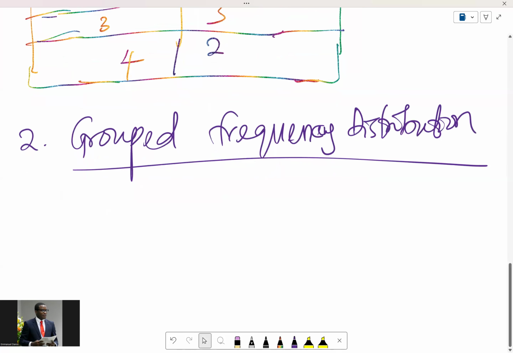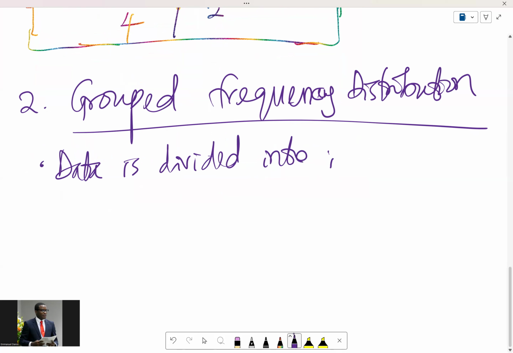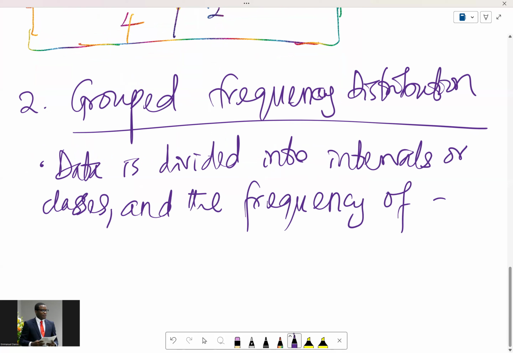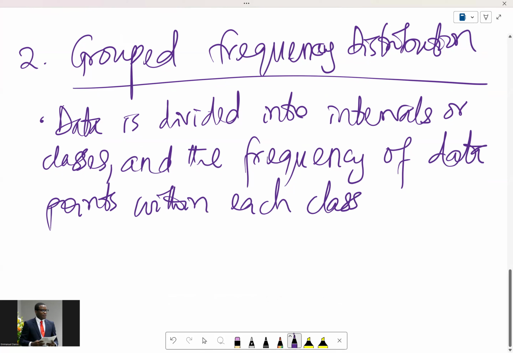Here, data is divided into intervals or classes, and the frequency of data points within each class is counted.